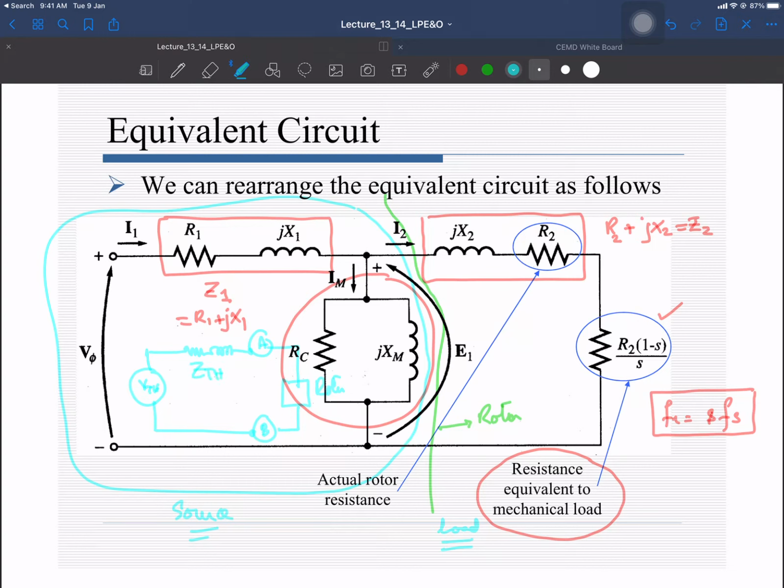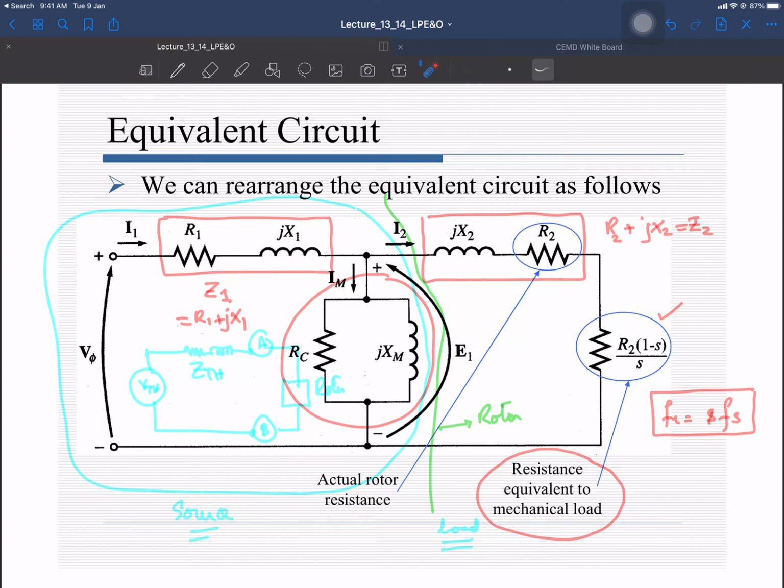This Z Thevenin is calculated with the help of this Z1 and the magnetization branch, and V Thevenin is basically the voltage at points A and B when you remove this load. So now let's calculate this V Thevenin. You are familiar with the Thevenin theorem, so let's apply that.